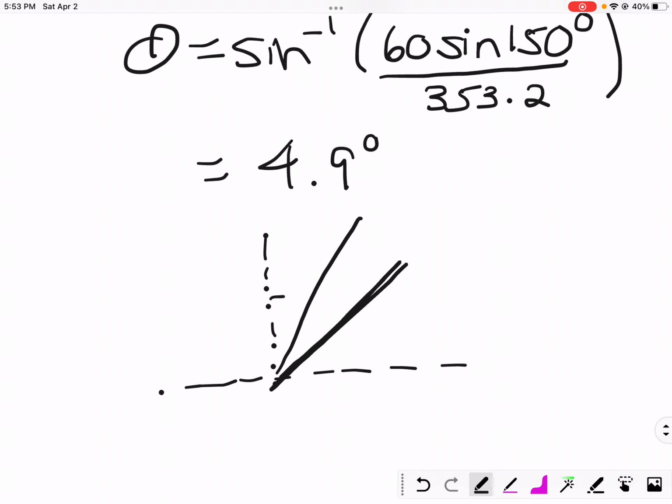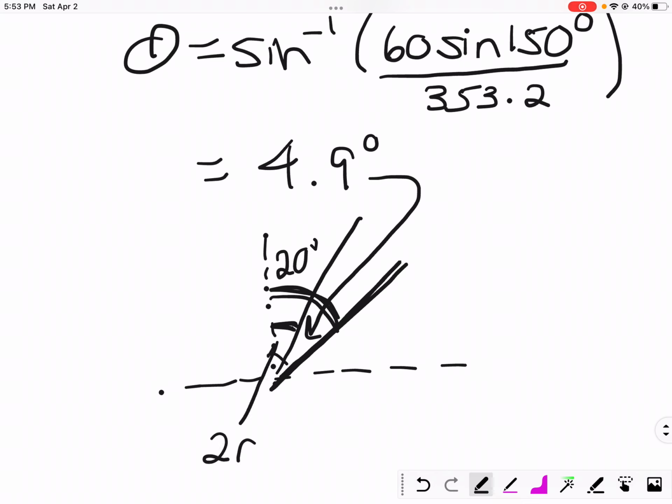And remember, that angle there is 20 degrees. This angle in there is 4.9 degrees, which means this angle right there, which is the one we want, is 20 minus 4.9, which is 15.1. And that's the same answer as before.